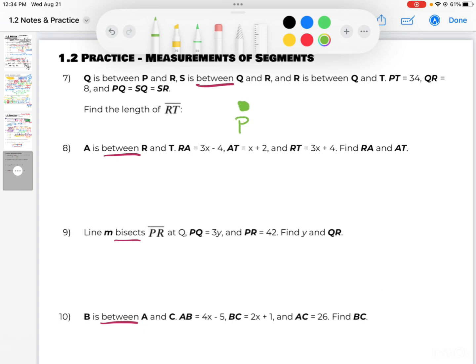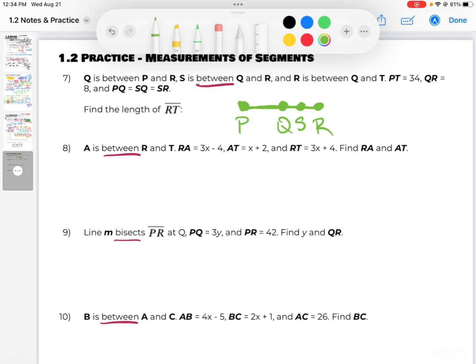So I'm going to go ahead, just like always, and start drawing what I read. Q is between P and R, and between means collinear. But S is between Q and R. So I've got these segments right here. Now, I don't know if these are accurate distance-wise or anything.